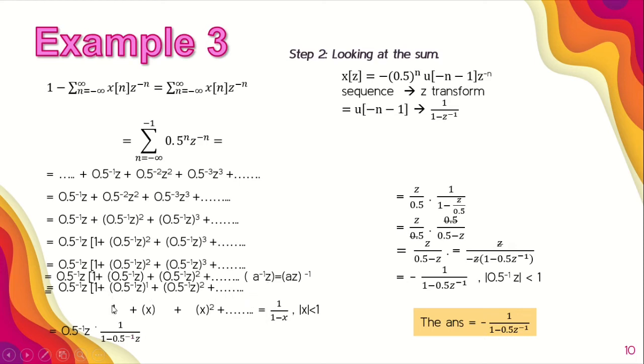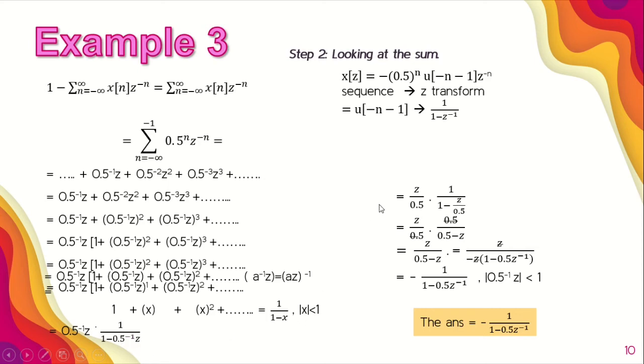So 1 is equal to 1, and 0.5^-1 z to the power of 1 is equal to x, and this is substituted into the series, and then we will get 1 over 1 minus x. Then solve this equation, which is 0.5^-1 z multiplied with 1 over 1 minus x. 1 over 1 minus x in this equation is 1 over 1 minus 0.5^-1 z.